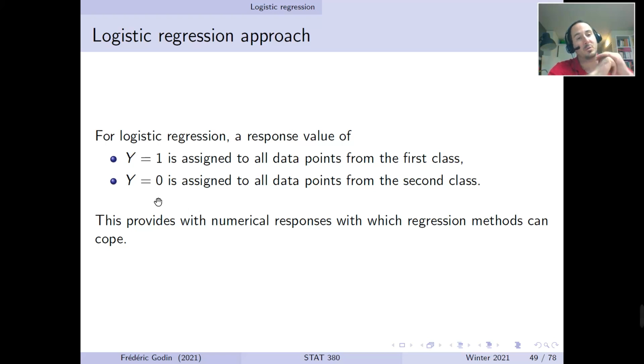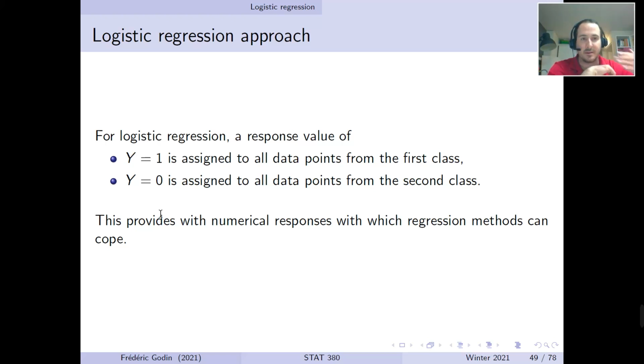This shows why we can use regression concepts here: although the classes are qualitative, we turn them into 0 and 1, which is quantitative. So we now have quantitative responses, and thus regression methods apply, and we can use regression concepts we've used earlier for our classification approach.